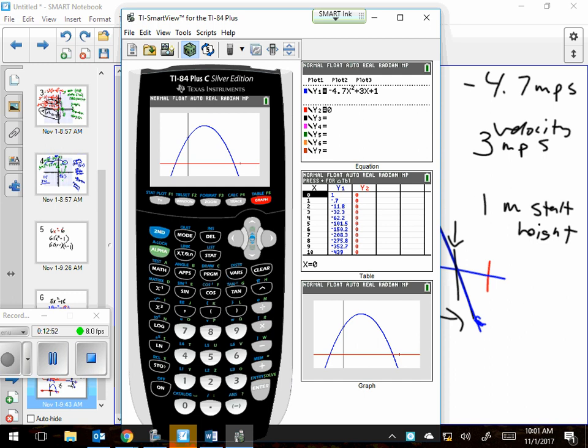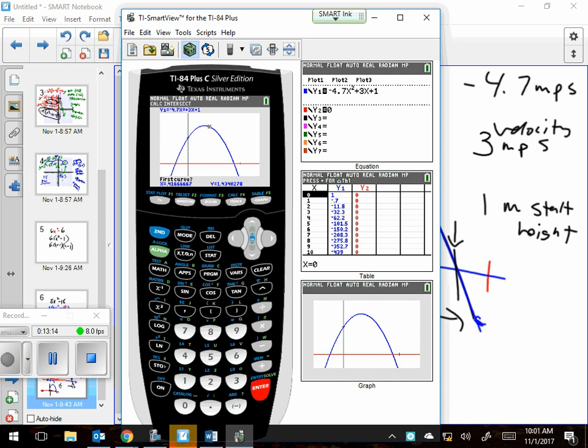I'm going to go second calculate, right above trace. Second calculate, and then it gives me options, and this time I want intersect. I think this is easier because the questions that ask me about boundaries get everybody confused. If you go second calculate intersect, it asks me first curve.